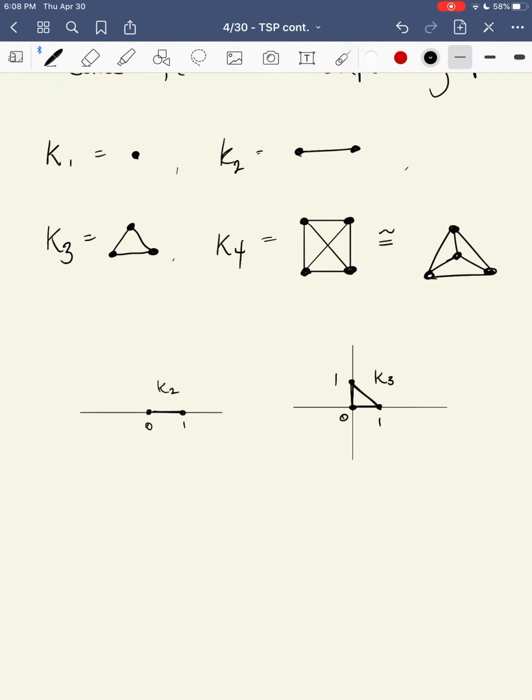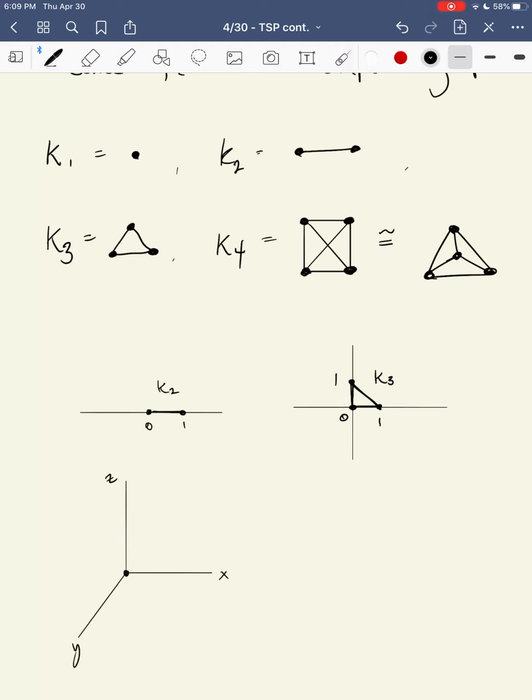Now look at this. If I draw in 3 dimensions, people usually like 3 dimensions like this. Imagine this is like the corner of a wall, so this is our X, our Y, and our Z axes.